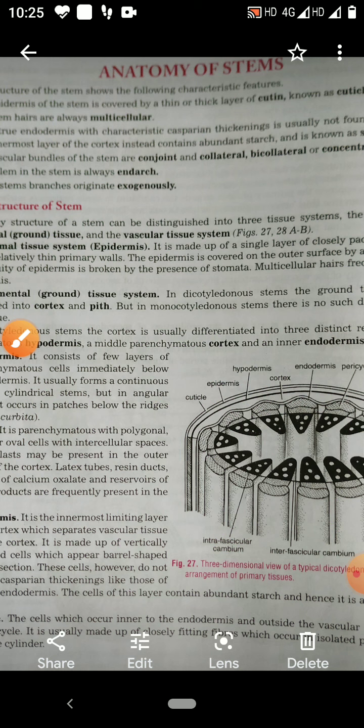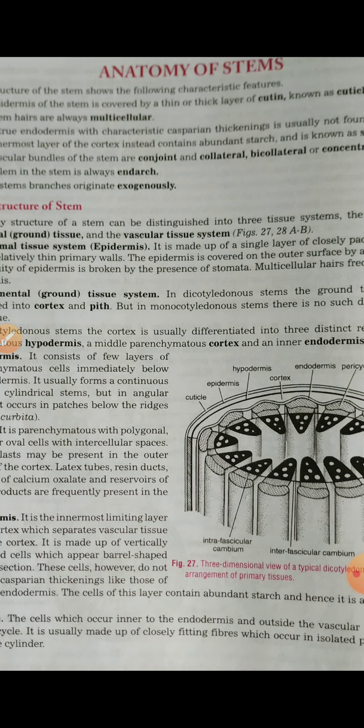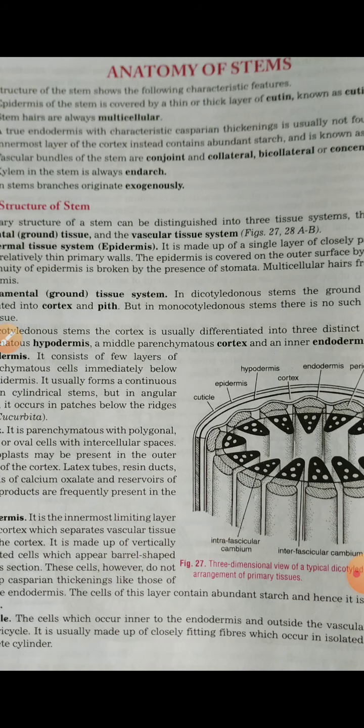At the same time, you have to see the difference between the anatomy of root and the anatomy of stem. In the root, vascular bundles are radial, but in the stem, vascular bundles are conjoint collateral. Also, xylem is exarch in the root, but xylem is endarch in the stem. So these are the main differences.